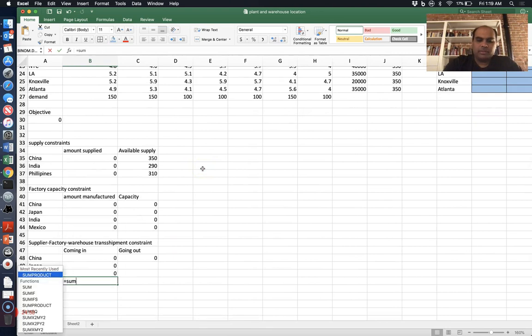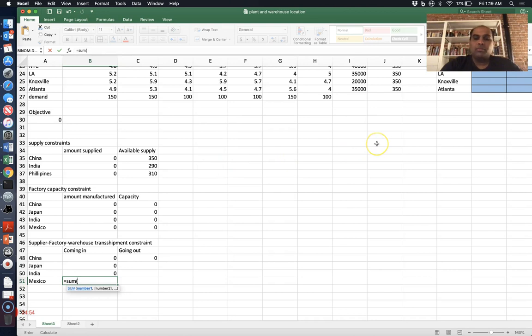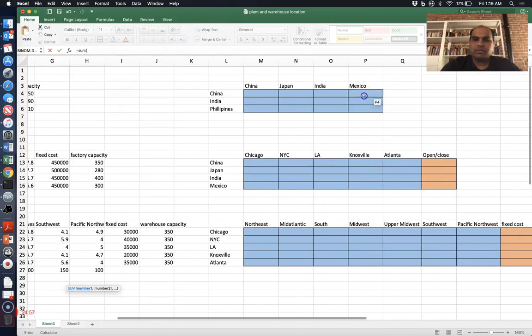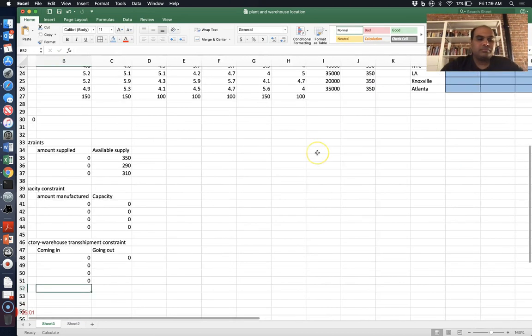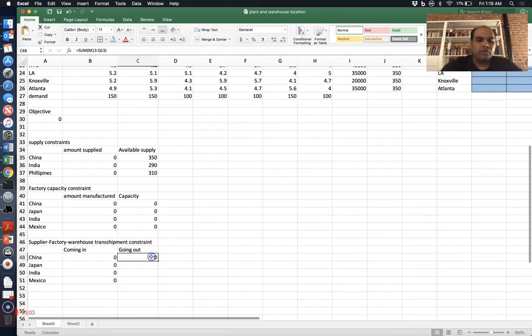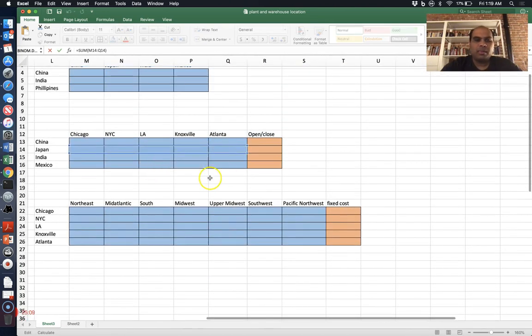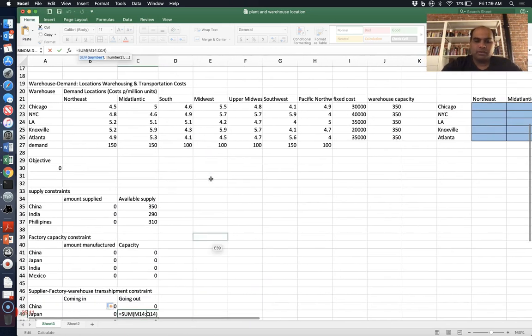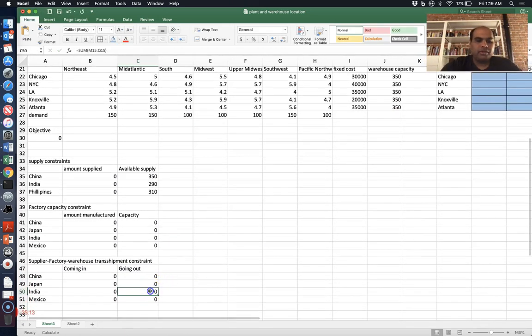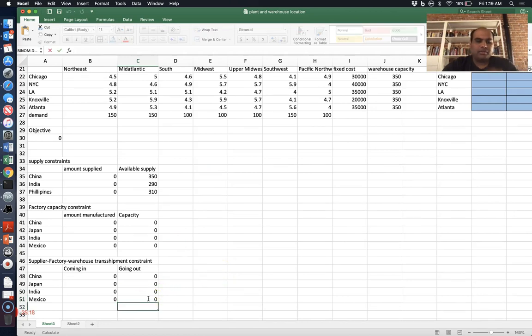And this is everything coming in to the potential Mexican plant location. And all of these should be equal to everything going out. So everything going out of the Japanese plant location, everything going out of the Indian plant location, and everything going out of the Mexican plant location.